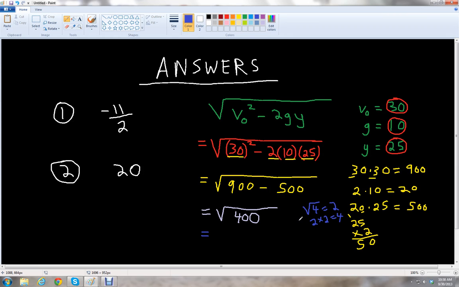So 100 times bigger. What if we try something like 20 times 20? 2 times 2 is 4, and with that little trick with the zeros, you have 2 zeros here, so that's going to give me 400. So I see that the square root of 400 is 20. And that's how they got 20 for the answer.